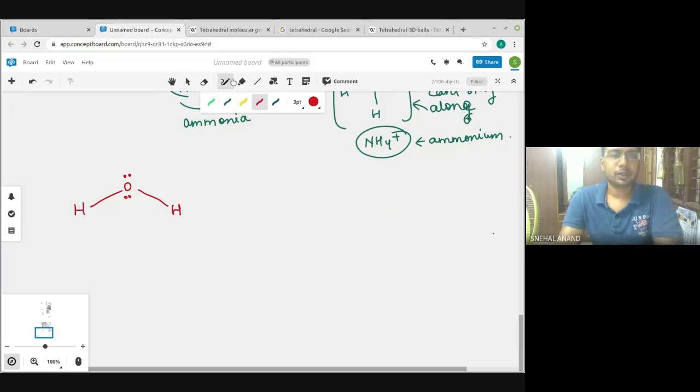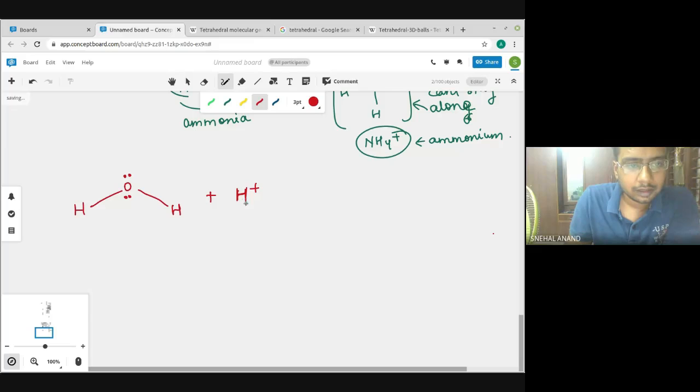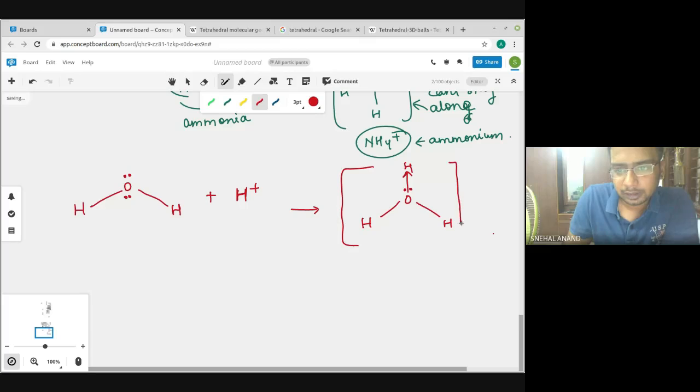Now, this water, when it combines with one H plus, it does the same thing, where this H plus combines with this oxygen. It says you share a lone pair with me. This oxygen starts sharing this lone pair with this hydrogen, and overall they have a positive charge.